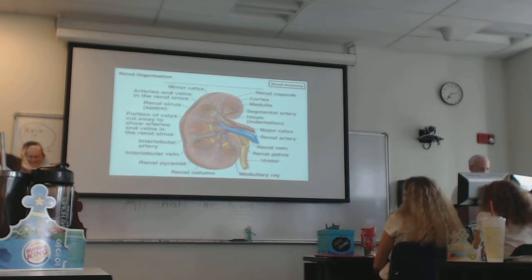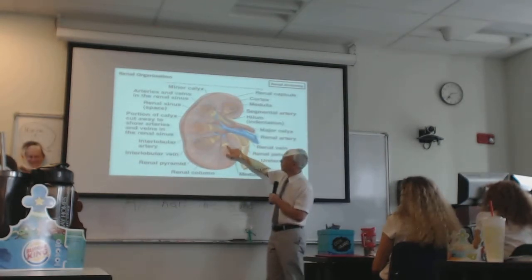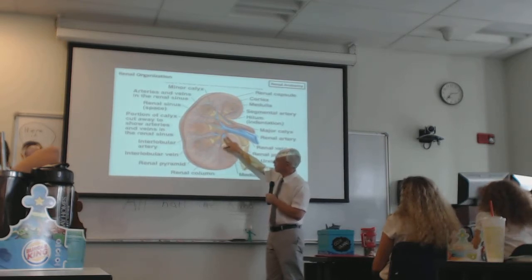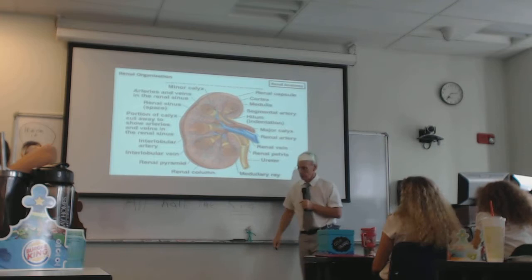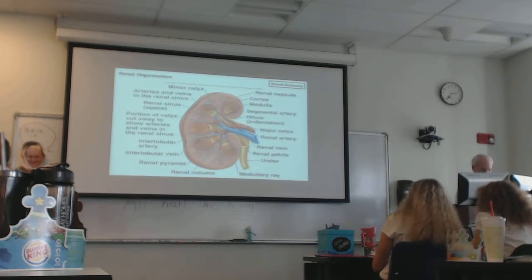Additionally, you can see that these pyramids are going to drain. Basically, this is where the urine is going to be formed by these pyramids. There's a papillary region down here. The papillary region of the pyramid then extends to become the calyx. Calyces is plural. There are minor and major calyces.